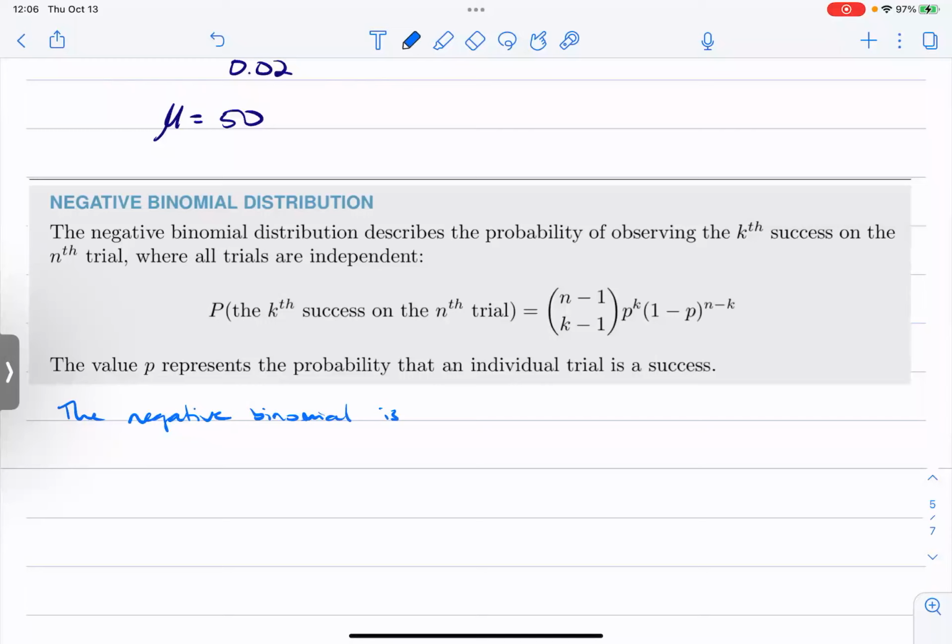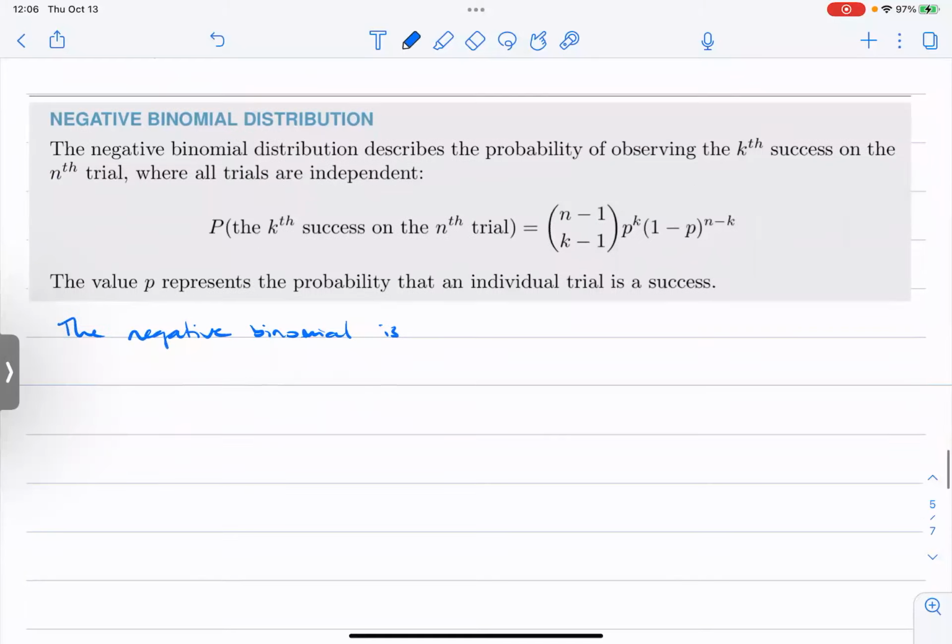It could be first and second, or first and third, first and fourth, right? That kind of thing. So there are going to be a number of possible outcomes, and hence the choose function in here, same as the binomial.